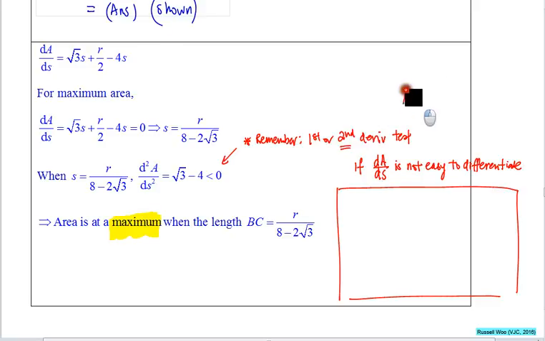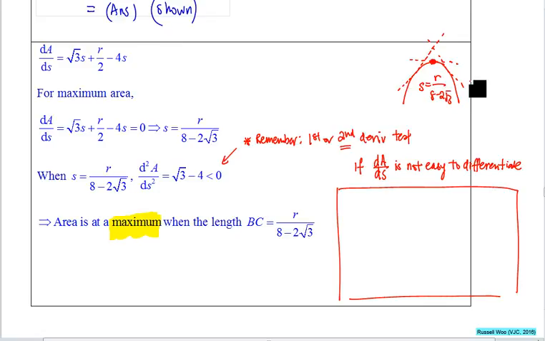Now, if you want to prove that it's a maximum point, at this point, s equals r over 8 minus 2 root 3, this point already is a stationary point. If you want to prove that it's a maximum, you actually want to prove that just smaller than this, your gradient is positive, and a bit to the right, the gradient is negative.